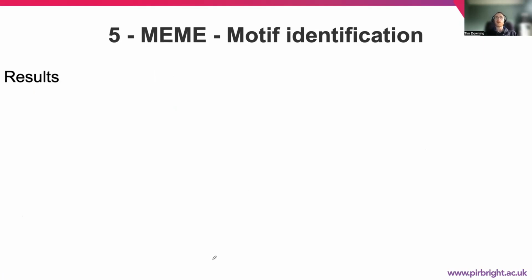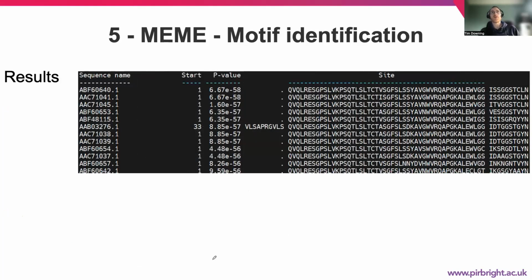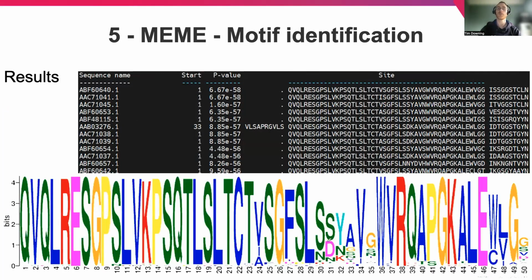So expect to get something like this, where we have this table containing our input data and then our consensus sequence logo at the end looking something like this. You can see the number of bits present for the different amino acids, and you see that we have some regions where it is more challenging to infer what the most likely amino acid is.